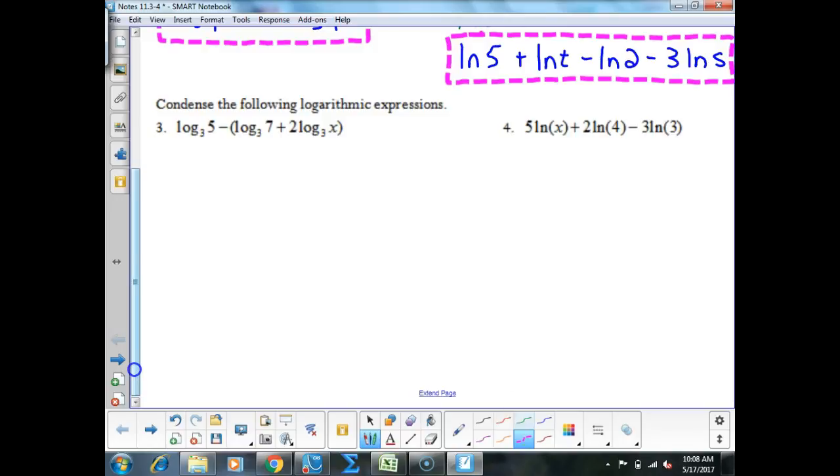Okay? So first off on this one, this would be log base 3 of 5 minus, I can take this 2 and I can put that power property, go in reverse of the power property there, and so then this would be log base 3 of 7x squared.